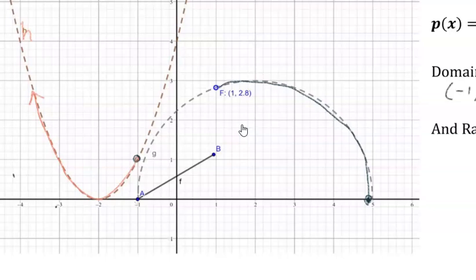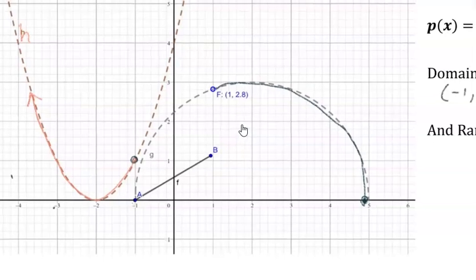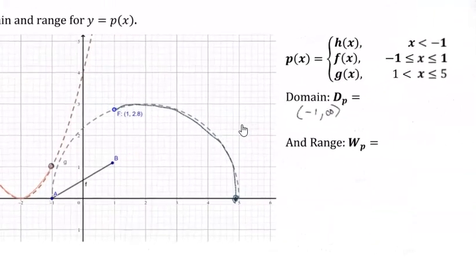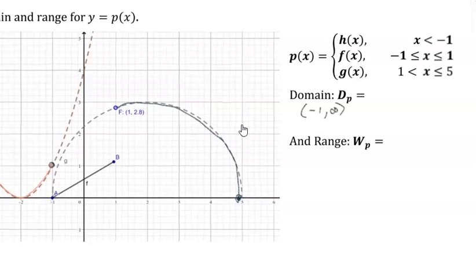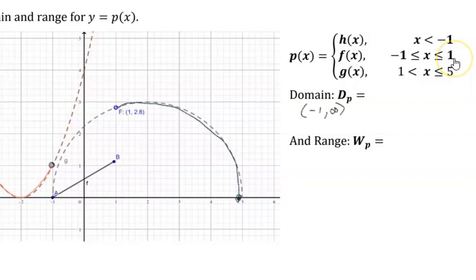Okay, so let us look at the domain and the range. First of all, as I say, we can look at the restrictions just as the restrictions. So if we look at the domain of the first part, the domain of h, then it starts at -infinity up to -1.